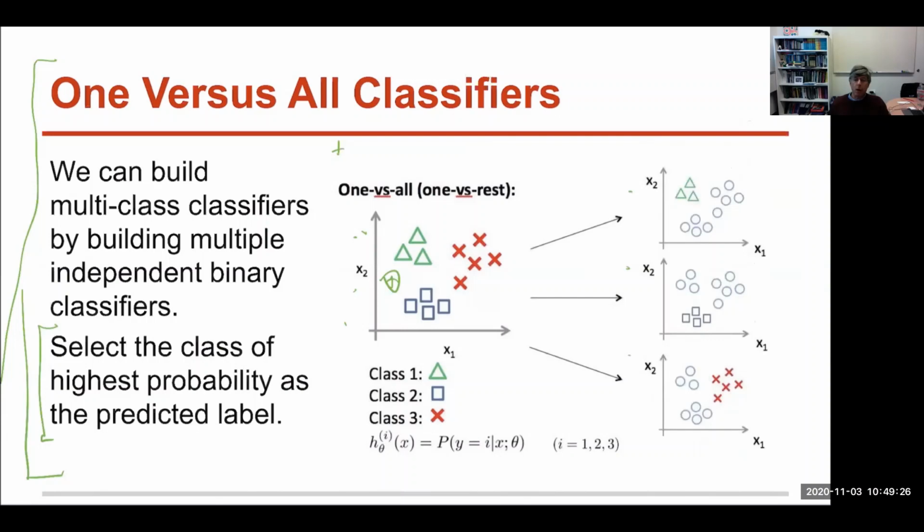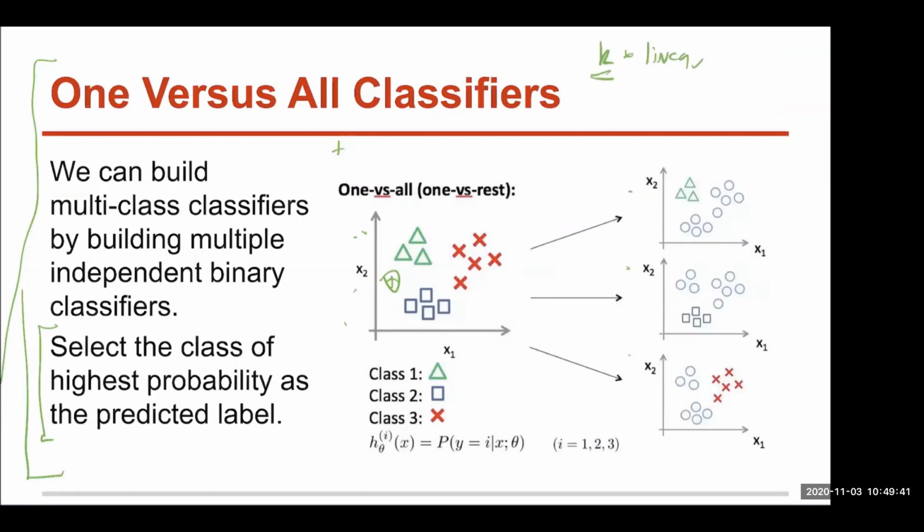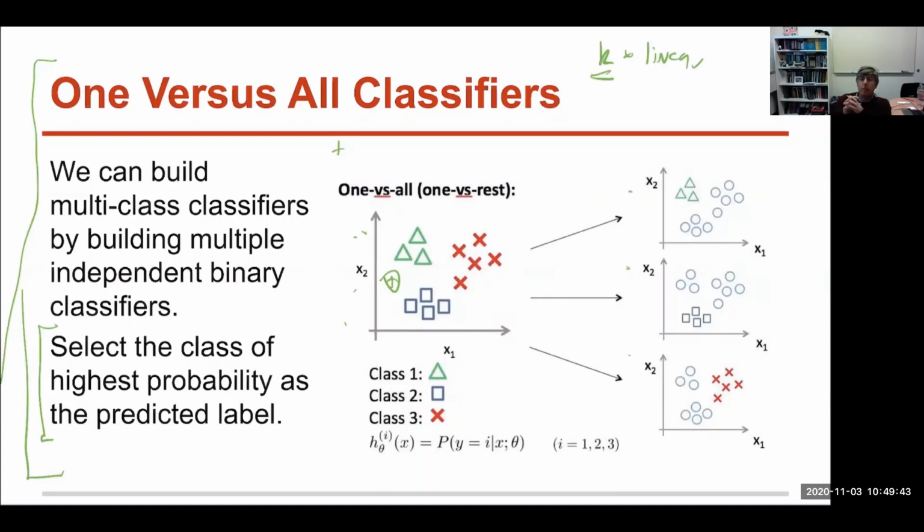Why would it be slow? You're telling me it's going to be k times slower than a regular logistic regression, because if there are k classes, you're training k linear classifiers. So it's going to be k times as long in training and k times as long in classification. That's true, I guess.